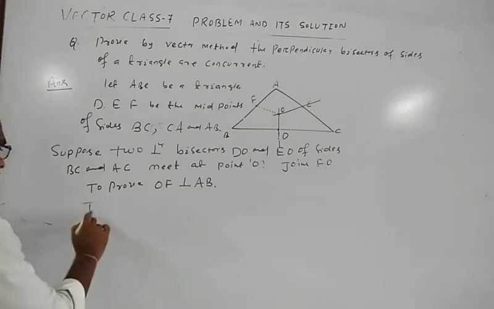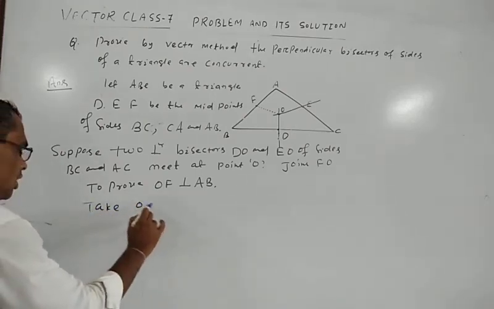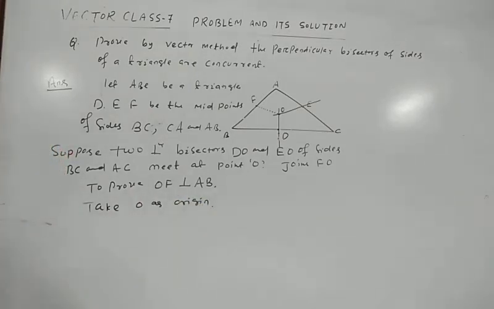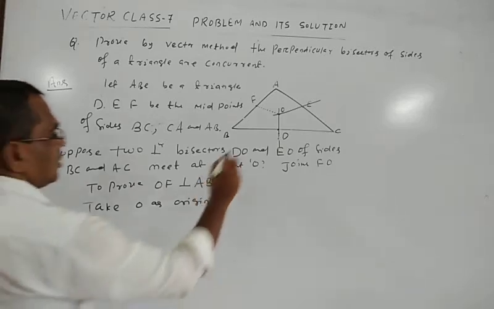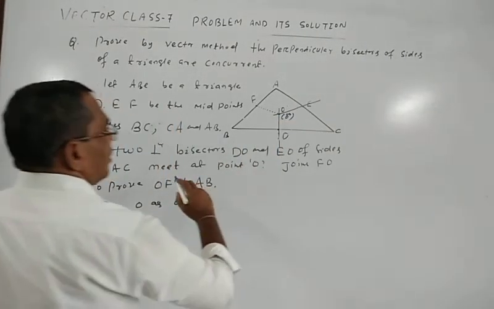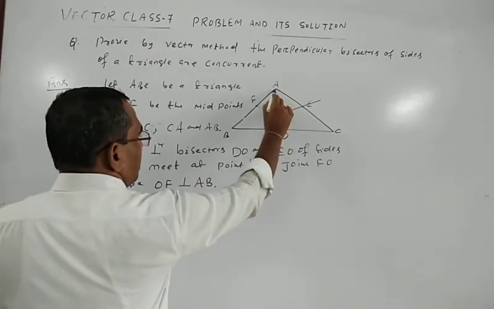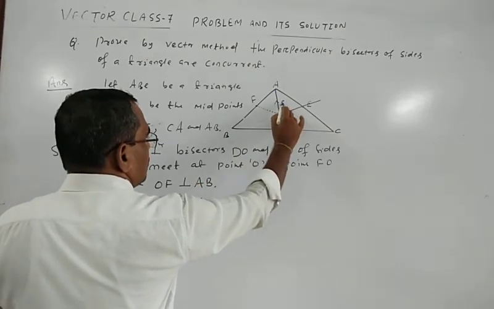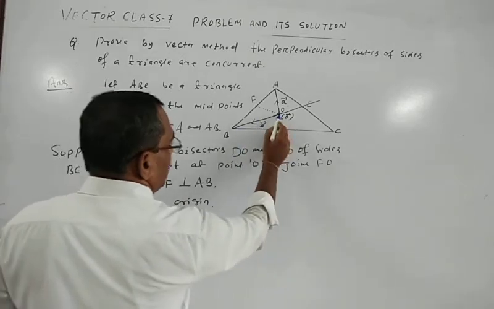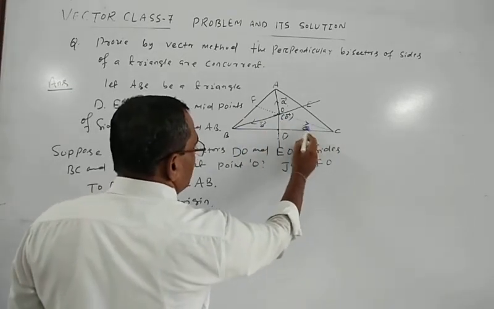Take O as origin. Take O as origin, that is the O vector, and join OA. This is the A vector, OB is the B vector, and OC is the C vector.